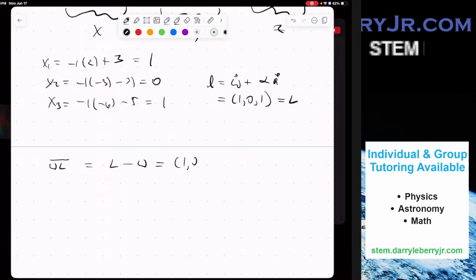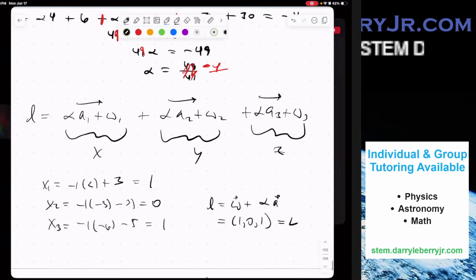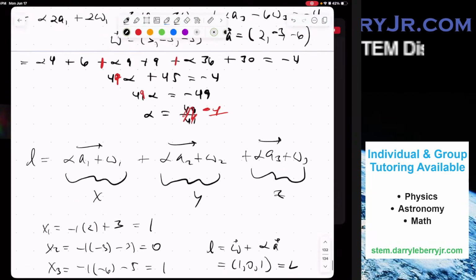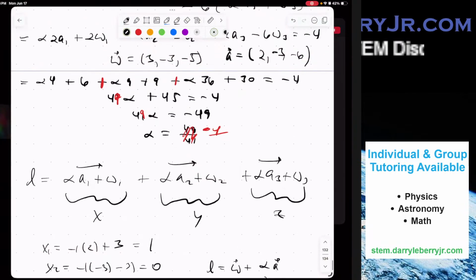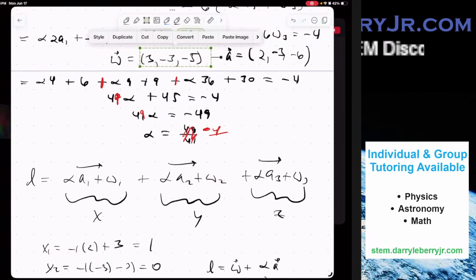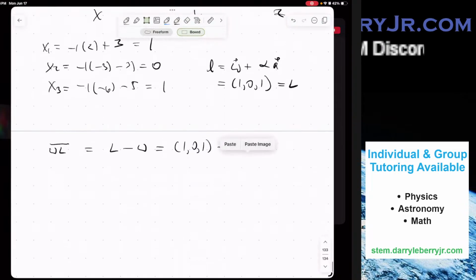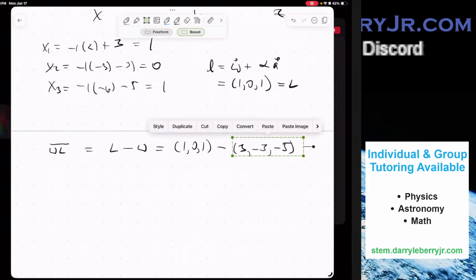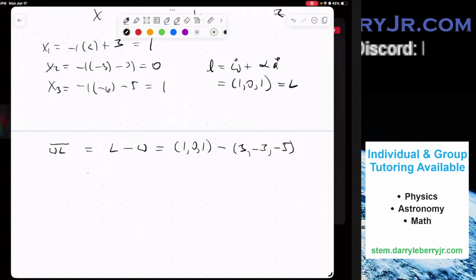So that equals 1, 0, 1 minus, I'll copy this down, right? So that equals -2, -3, 4, nope, 6.